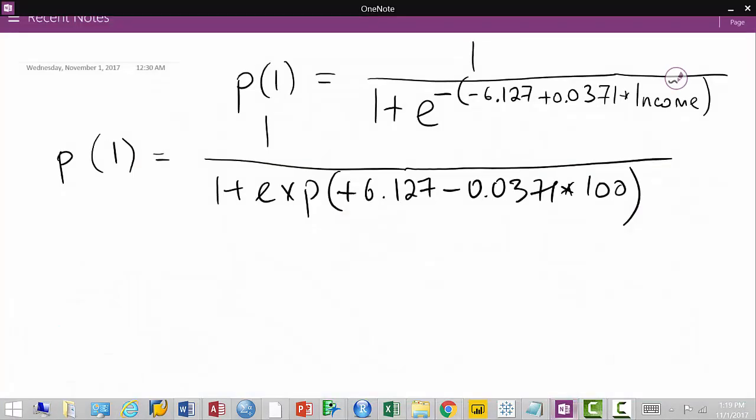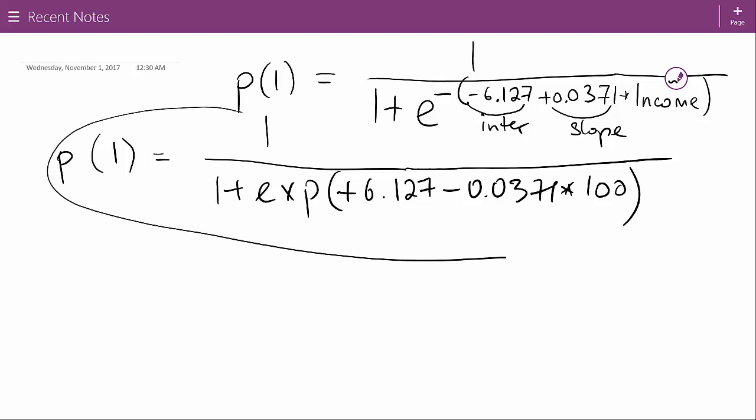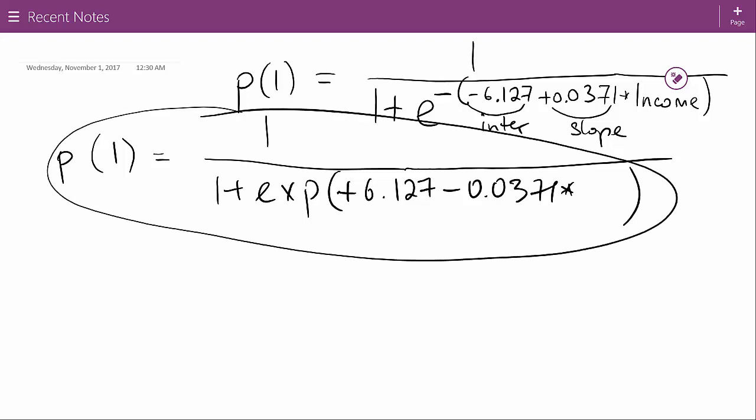Let me bring it up. True or false, ladies and gentlemen? These were my original output from JMP, this was my intercept, and that was my slope, right? Okay, so what can we see? Well, here, it's the same expression, right? So instead of 100,000, I'm going to say times income, whatever the level of income is, okay?